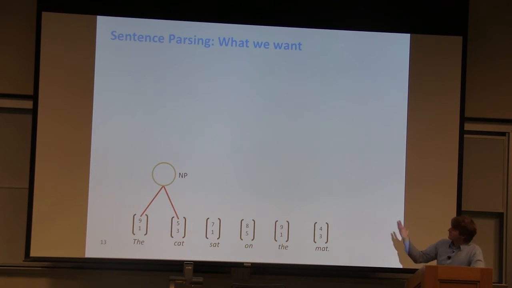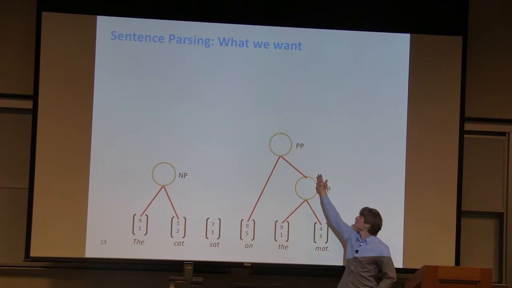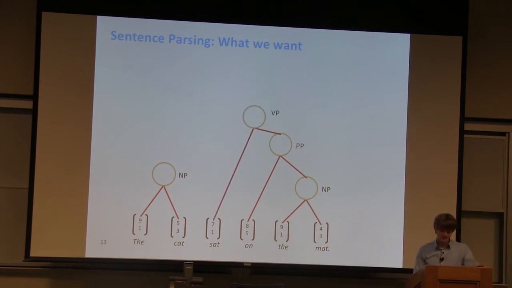All right, so if we try to do parsing and syntactic analysis here, the parser should understand that the cat is a proper noun phrase. You add a so-called determiner, like the, combine it with a noun, and you get a noun phrase. Similar with the mat. On the mat is a prepositional phrase, and in syntactic theory, we could create another grammatically correct structure by replacing this PP, or prepositional phrase, with any other kind of prepositional phrase.